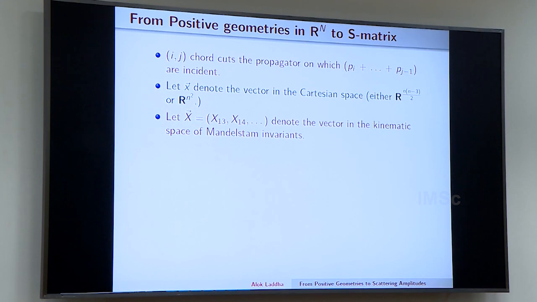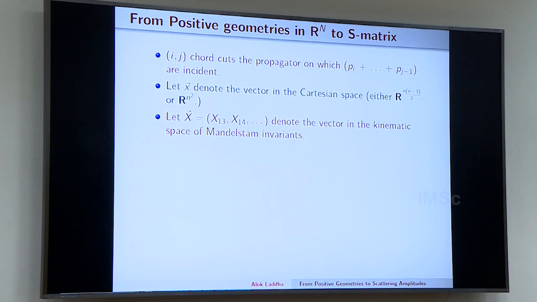This is now where we make the connection with the S matrix explicit. So far the small xij's, if we collect them in a vector, were some vector in this Cartesian space, as Bal was asking what the vector field was. In the case of the associahedra, the dimension was n(n-3)/2, or the dimension was n squared for this configuration space.